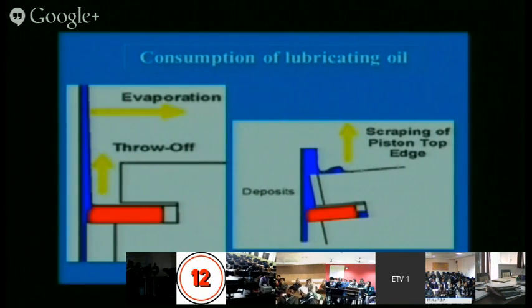Right now you can see these 2 figures. The first figure is a primary motion. If the contact design is not proper, then oil from the sump at the bottom is thrown to the combustion chamber, and then high temperature is there, and evaporation is taking place. And the second point is that if secondary motion is active and proper design of the contact is not there, then scraping will be poor and a lot of lubricant will be thrown into the combustion chamber itself. So here the profile design of the piston ring is very vital.